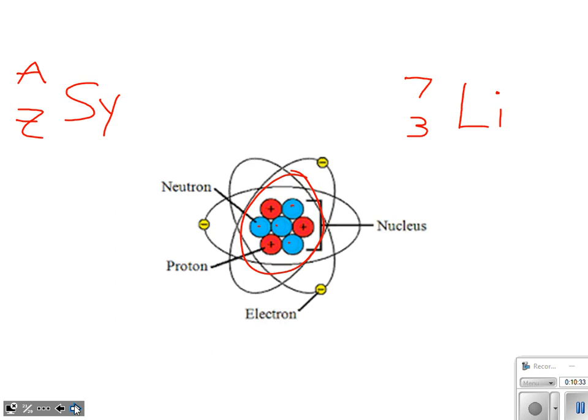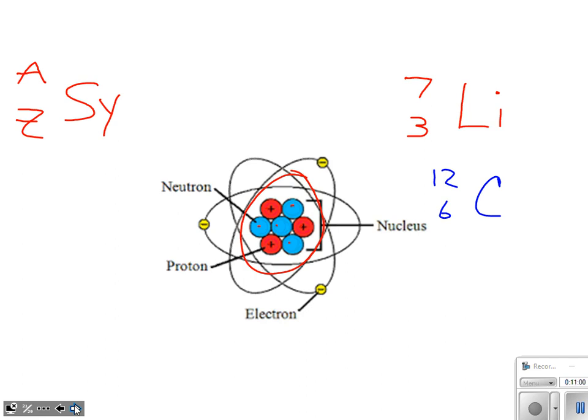That's a little better math. Now, I'm going to put another one up here just to show you. Here's another one. Obviously, I'm dealing with carbon, right? Look on your periodic table. What's the atomic number of carbon? 6.